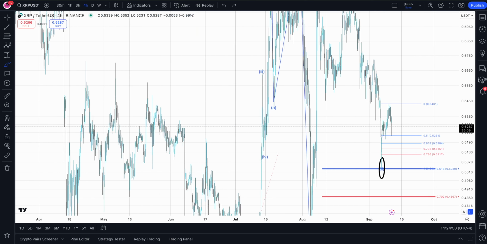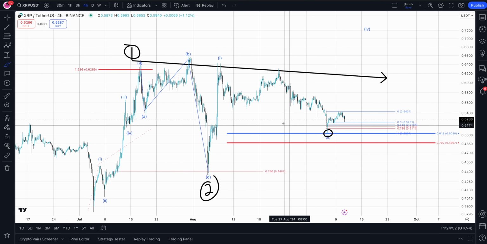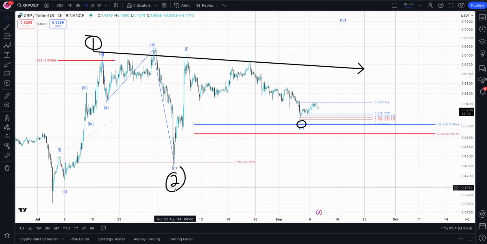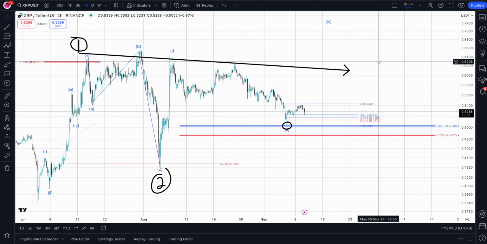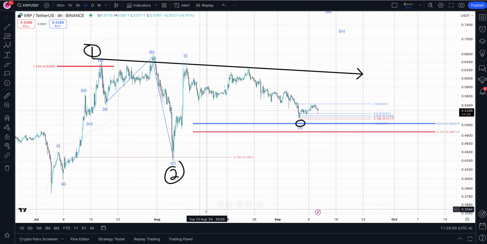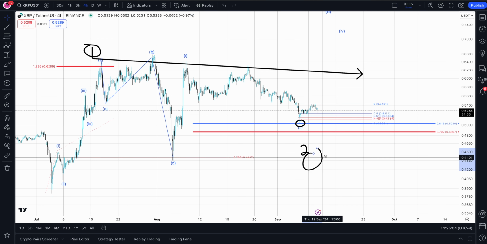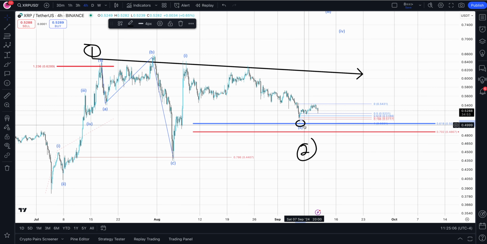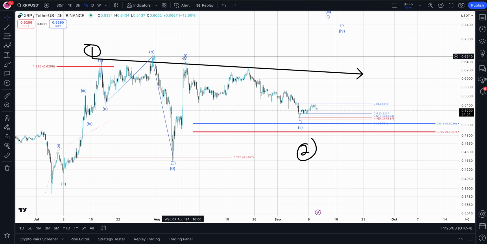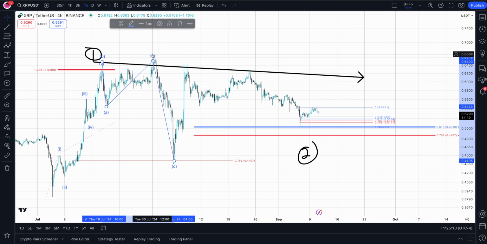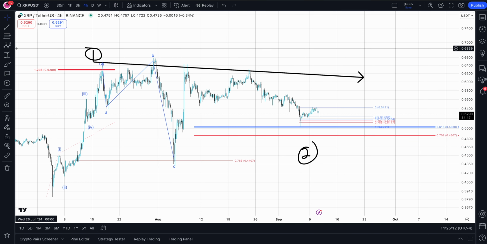Okay, so the first scenario that I was showing you was that this over here would be our wave 2, and now we're working on our wave 3. The alternate scenario would be that we're currently not done with our wave 2, and instead of this being an ABC, it would be a WXY correction, right?